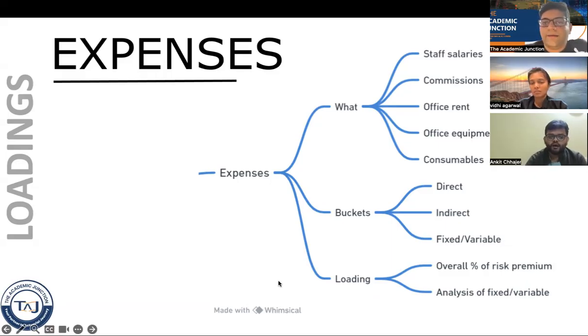Now, you can split all expenses into two different areas. One is direct and indirect expenses, and the other is fixed and variable expenses. Can you guys tell me what is the definition of direct and indirect expense?